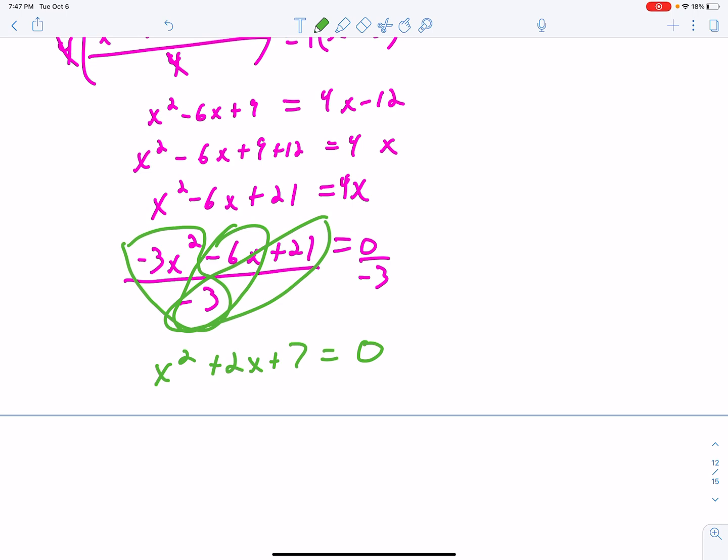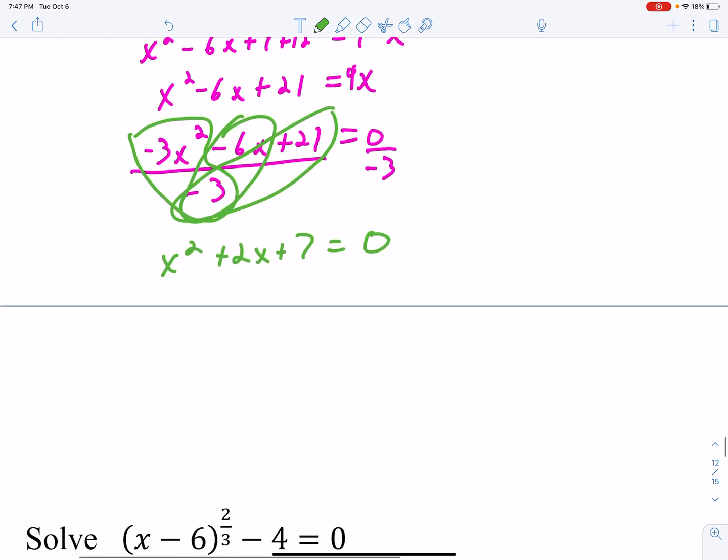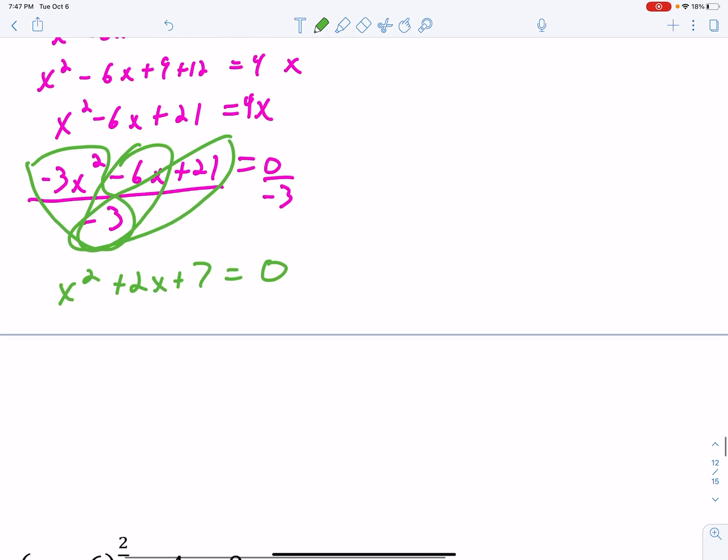Let me make sure I did my math right here. Okay. So then we're going to factor, right? So remember, we need to find 2 numbers that multiply to this number and add to this number. Okay? So this one, wait, let's see. I think I made a small mistake here. Let me check my notes.